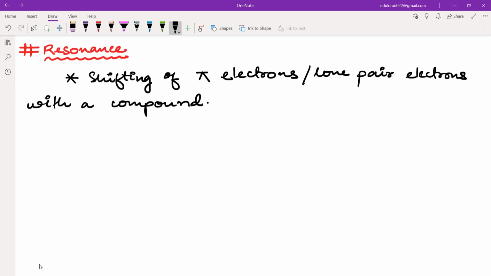We have seen some type of resonance in the chemical bonding chapter. Same idea, but more examples.